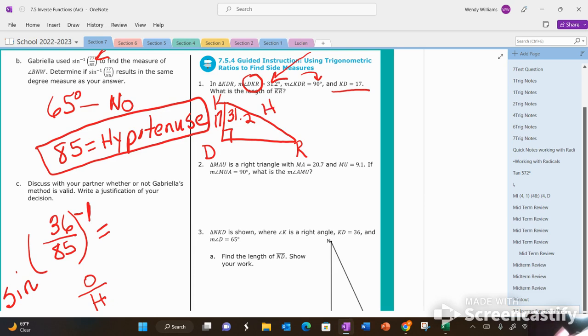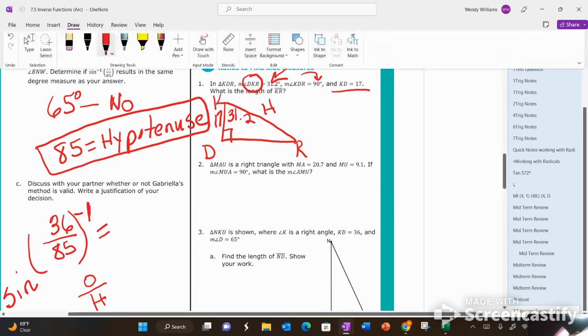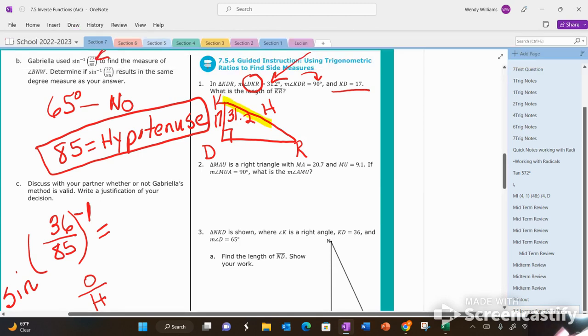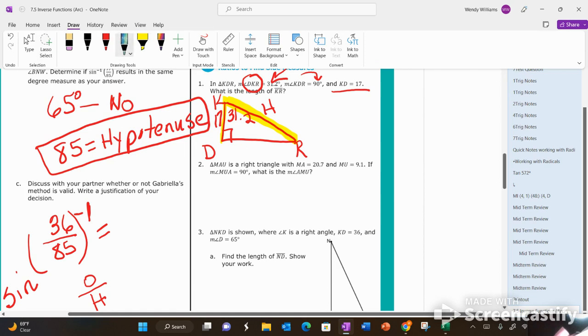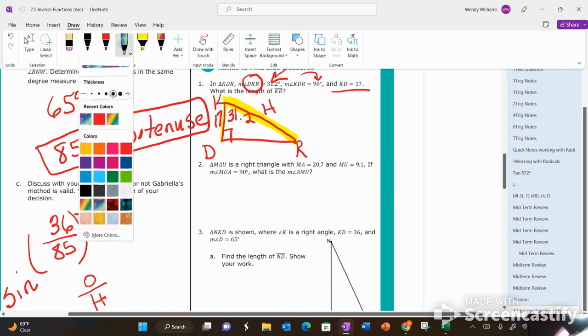So which trig function do we need to find the hypotenuse? They want me to find the hypotenuse. They give me the adjacent. So which trig function is adjacent over hypotenuse? Come on. Which trig function is it?